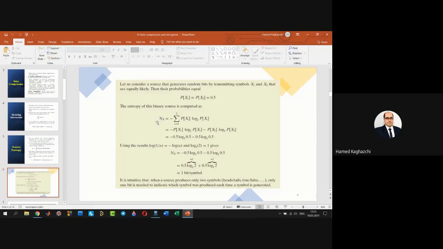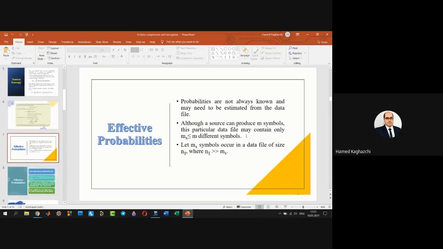Using H(s), I can find the average number of bits in the source. Now, as you saw, if we know the probability of symbols, we can calculate the source entropy.